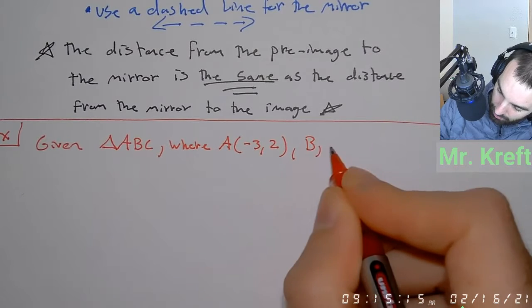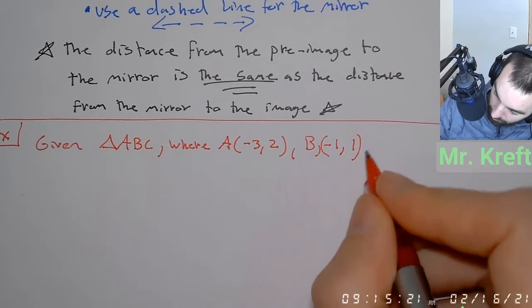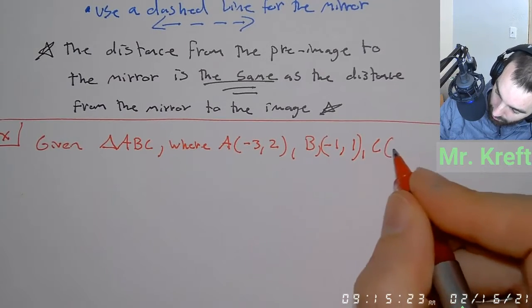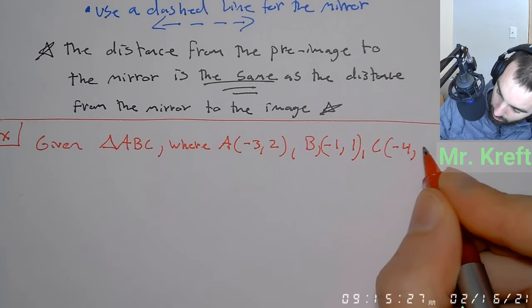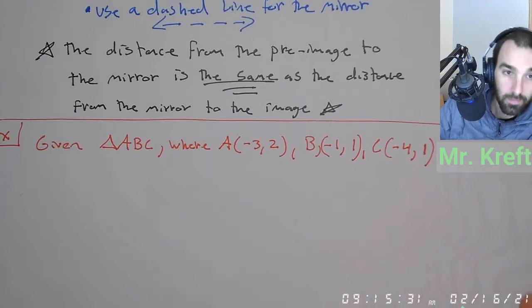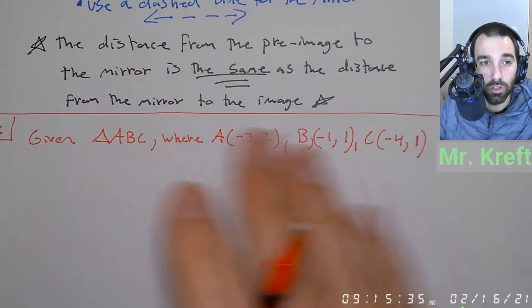Let's say B is -1, 1. And let's say C is -4, 1. Okay, so we're given this triangle.